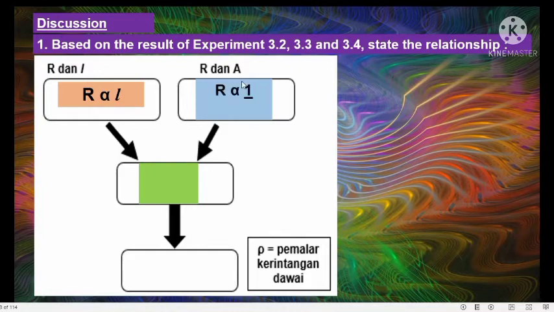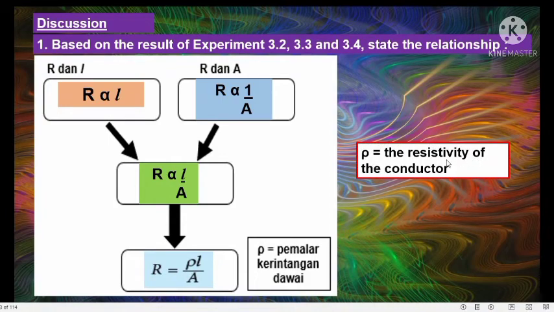From the second experiment, R is directly proportional to 1 over A. Combining these two results, we get R directly proportional to L divided by A. This is the relationship. Okay, for the experiment, if you use the same type of material, the constant here is resistivity of wire, or rho is a constant value. Thus we can write R equals rho L divided by A.